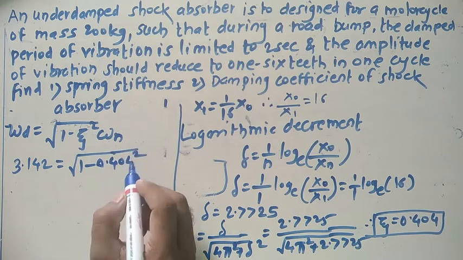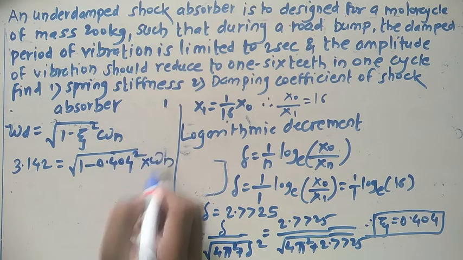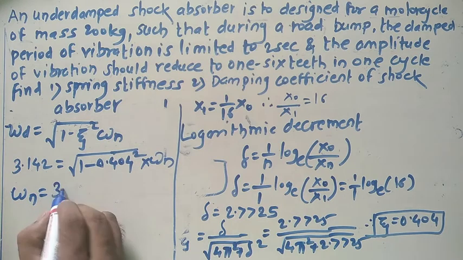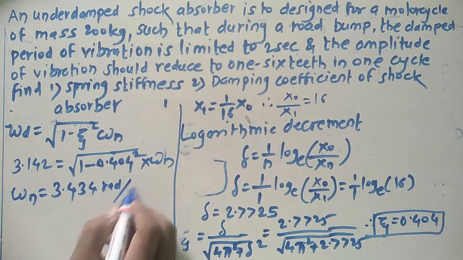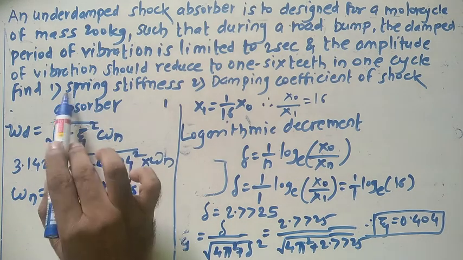Squaring this term and simplifying, you can get the value for omega n as 3.434 radian per second.